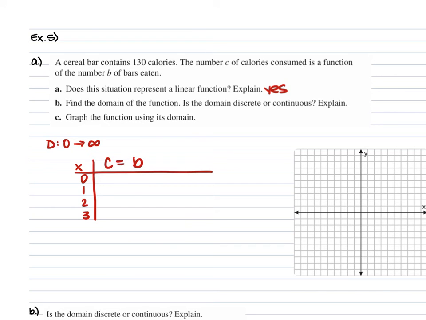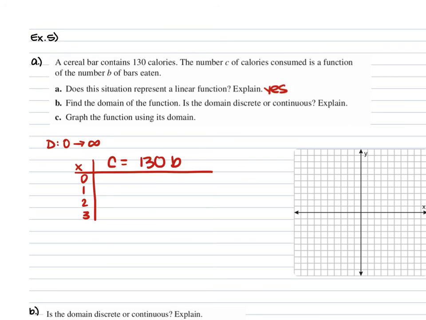So I'm going to change this around to where you have the number of calories equal to 130 times the number of bars. Hold on, this should be C, not B. C is equal to 130 times B, because each bar is 130 calories.